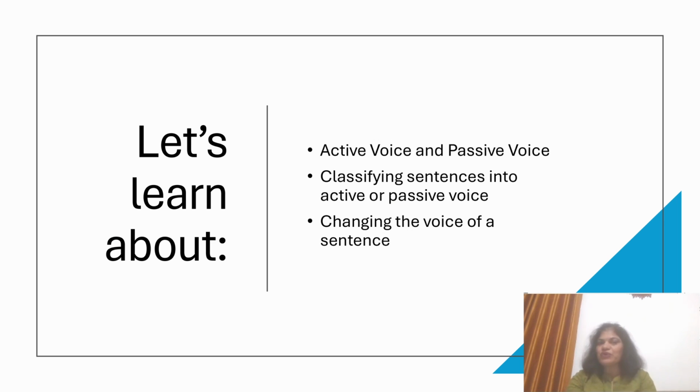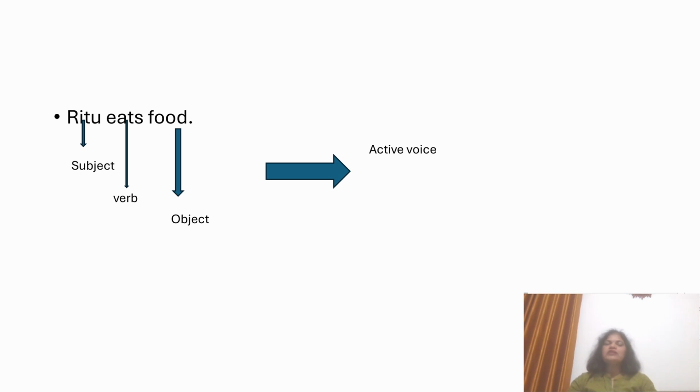In this chapter, we are going to learn three things: active voice and passive voice, classifying sentences into active or passive voice, then changing the voice of a sentence. Now look at this example. Ritu eats food. Ritu is a subject, eats is a verb, food is an object. It is an active voice. Now here, why is it an active voice?